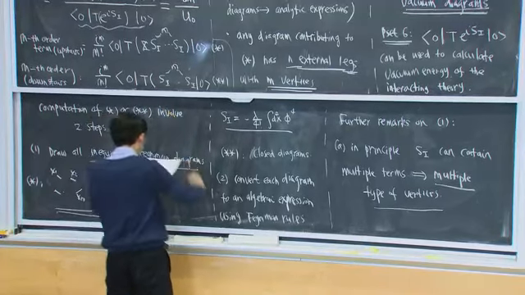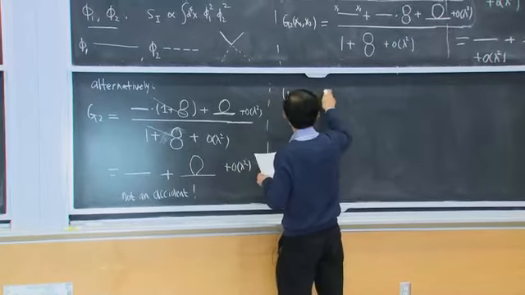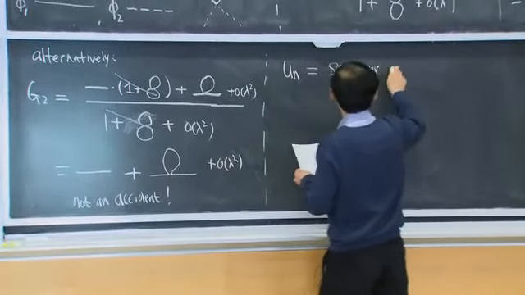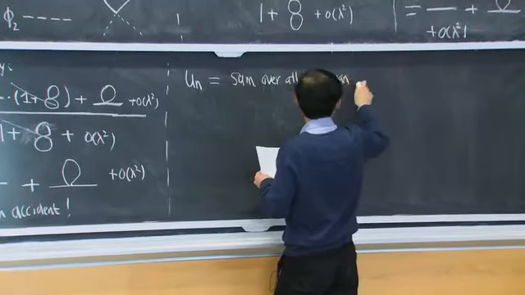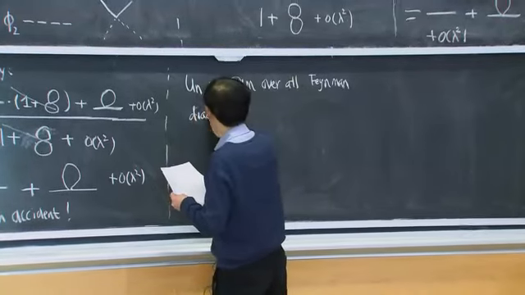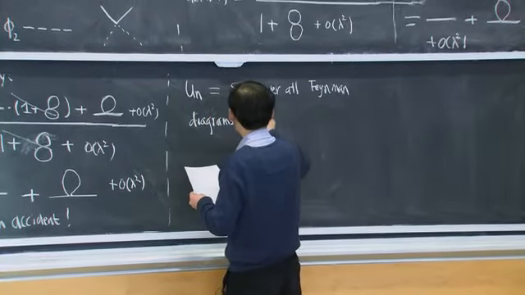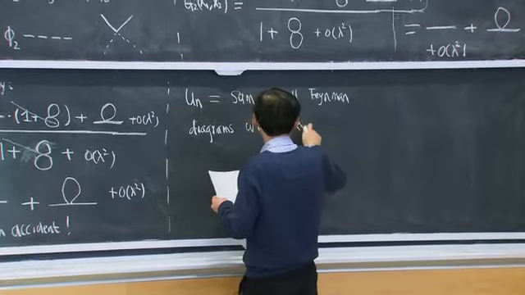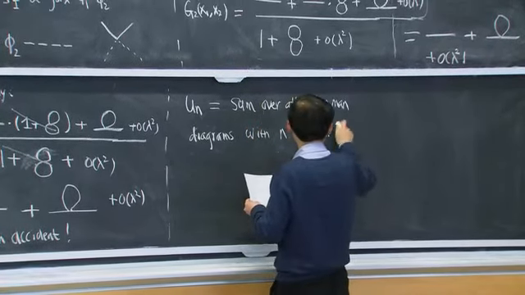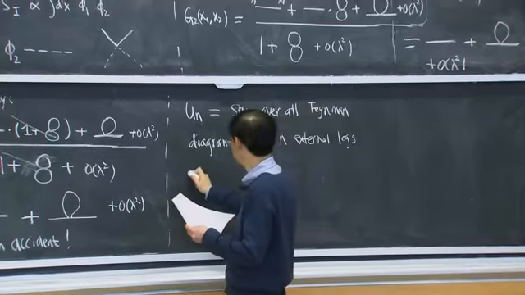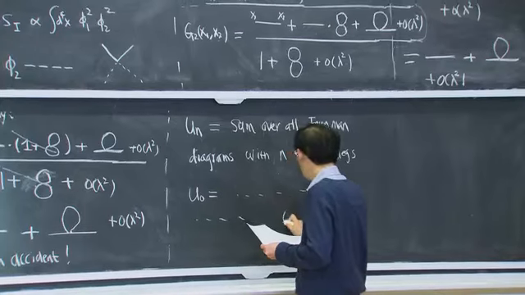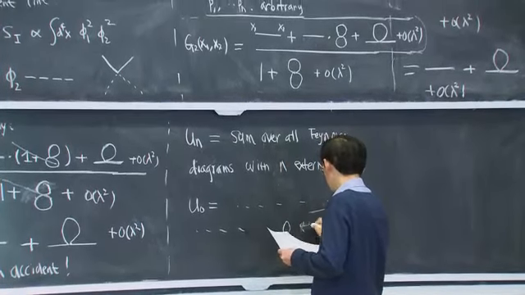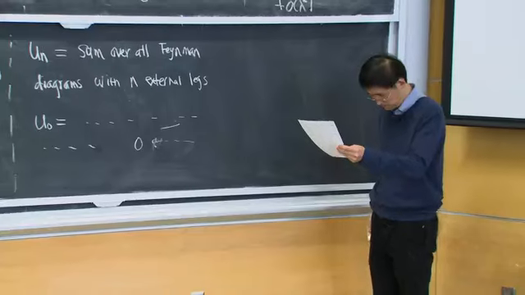U_N, by definition, corresponds to the sum over all Feynman diagrams with n external legs, and U_0 by definition is the sum of all Feynman diagrams with zero external legs.